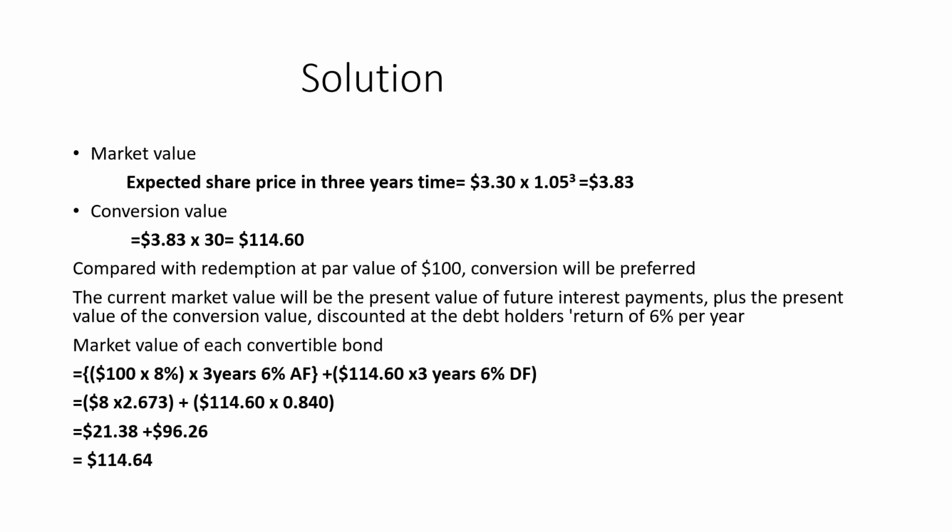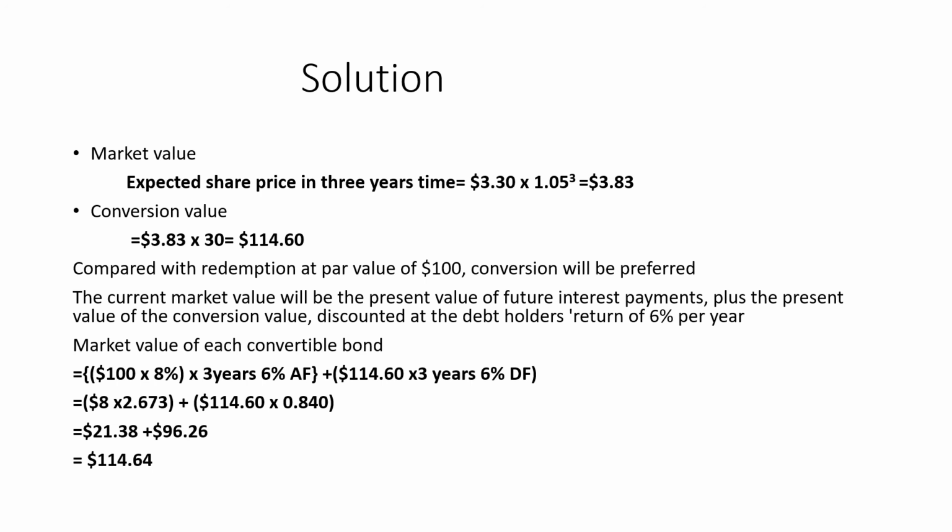We have used the table formula, in which we multiply the discount factor with the values, but you can use your own formula by simply discounting $8 for 1 period, 2 periods, and 3 periods, and adding it up. We'll get the value 21.38. The same will be done with the conversion value: 114.60 divided by 1.06 to the power 3, we'll get 96.26.